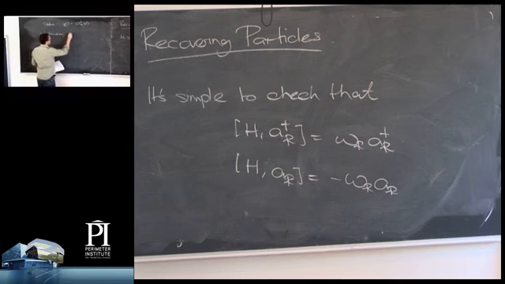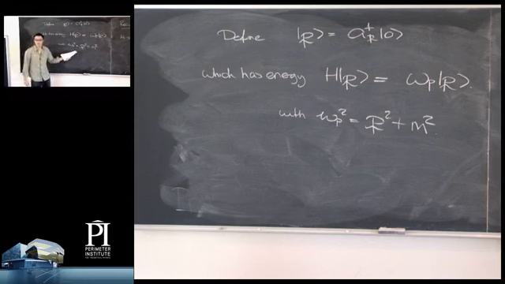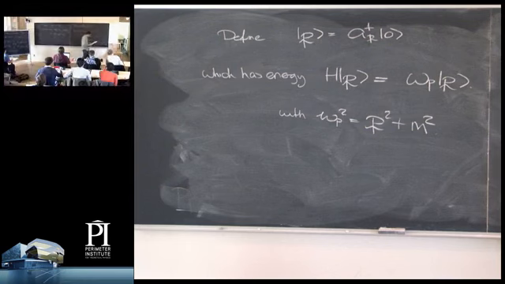What's the Hamiltonian for this, or what's the energy of this state? The Hamiltonian acting on p is just omega p. We had a definition of omega p. It was equal to this. Okay, but this should be very familiar.